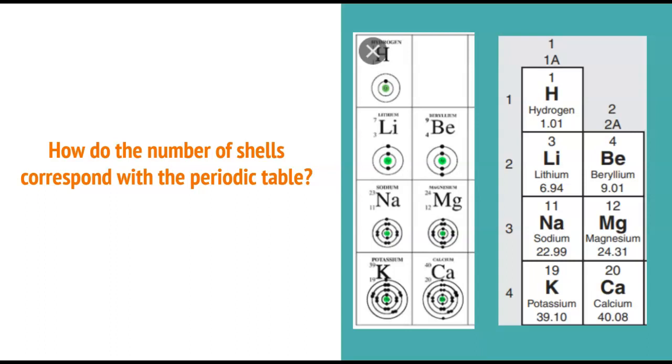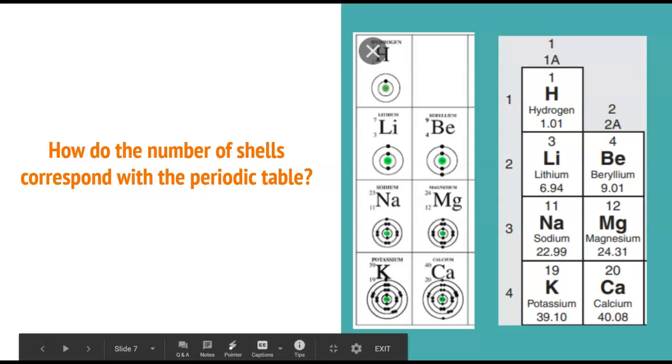That means that this entire row or period will only have 2 shells. For sodium, you have the number 3. Just like the image shows, you have 3 shells. Same thing, all across the periodic table, that row will always have 3 shells. And then down to 4. And it continues all the way to 8.